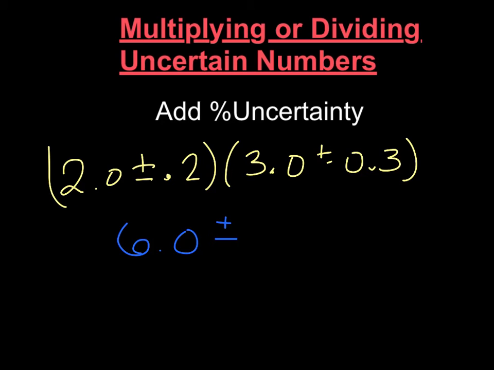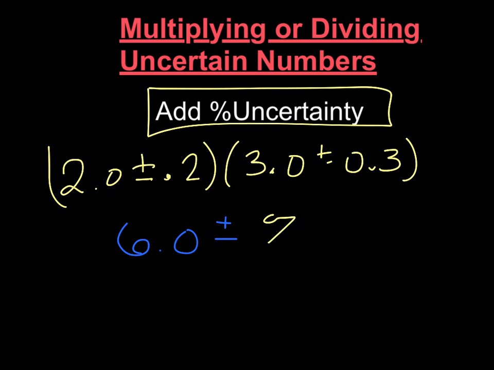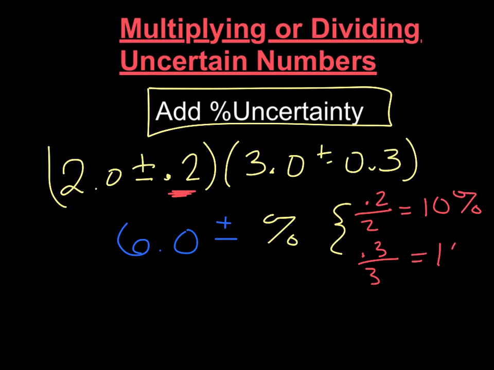So this is why we have to add the relative percents. So to get this percent, let's look at this first number. 0.2 out of 2 is 10%. Likewise, 0.3 over 3 equals 10%. It's like I chose those numbers because they were easy. That's exactly why I chose them. So that's 20%.